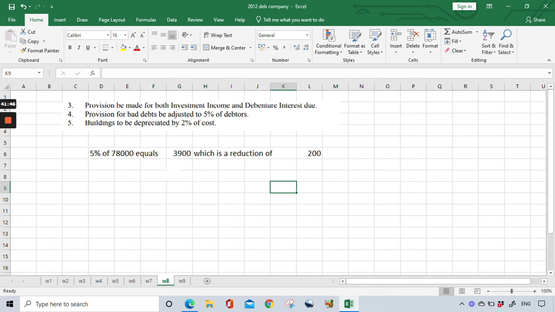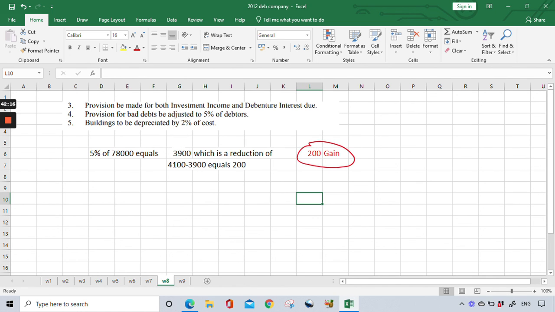I'm just going to write there, 4,100 minus 3,900 equals 200, just so you know where it's coming from. So it's a reduction of 200. A reduction is good. That means that is a gain in the profit and loss, 200, and we call it reduction in bad debt provision.